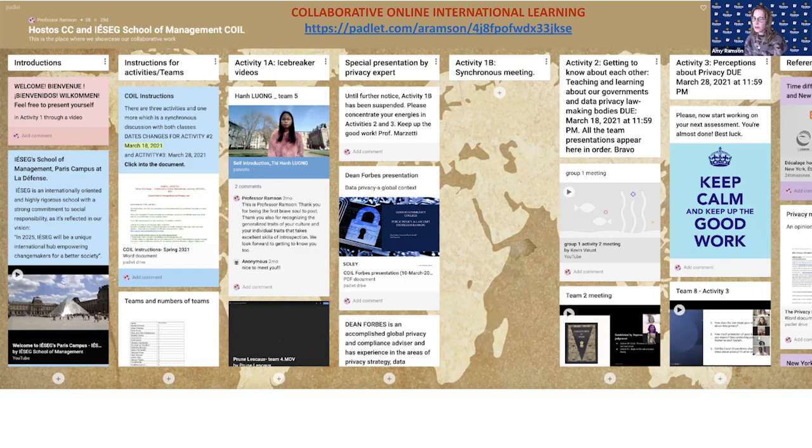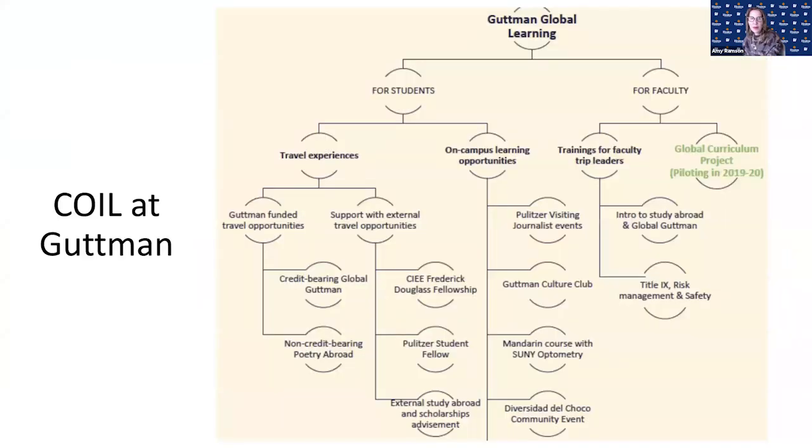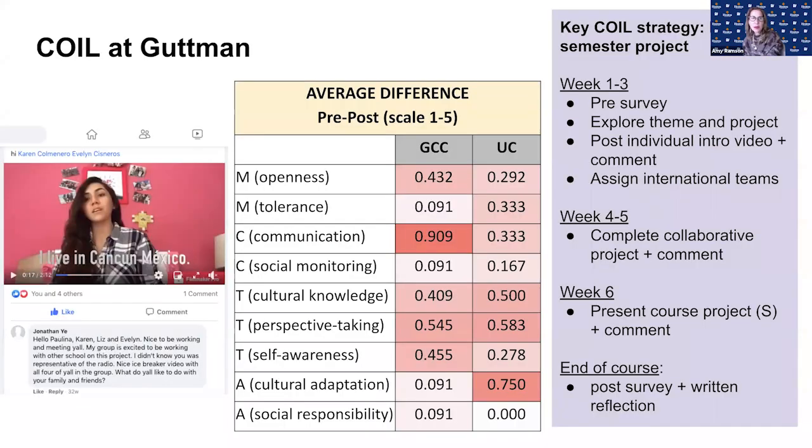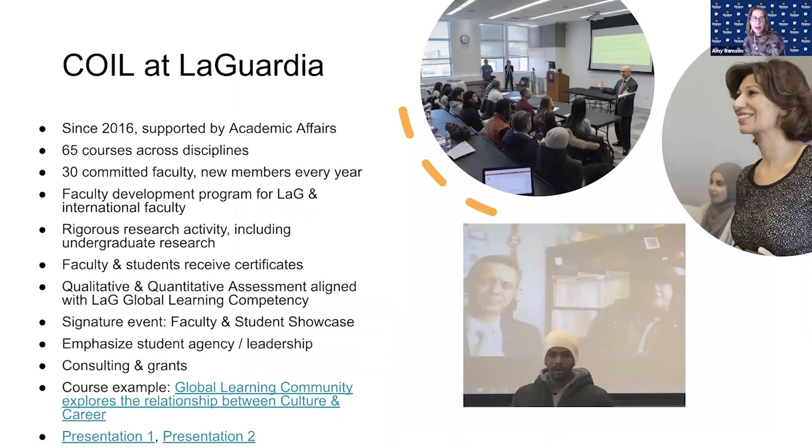We had assessment pre and post COIL. And so at Guttman, they actually have a global learning environment. I can't really speak to this. And then LaGuardia has a very, very advanced program of COIL.